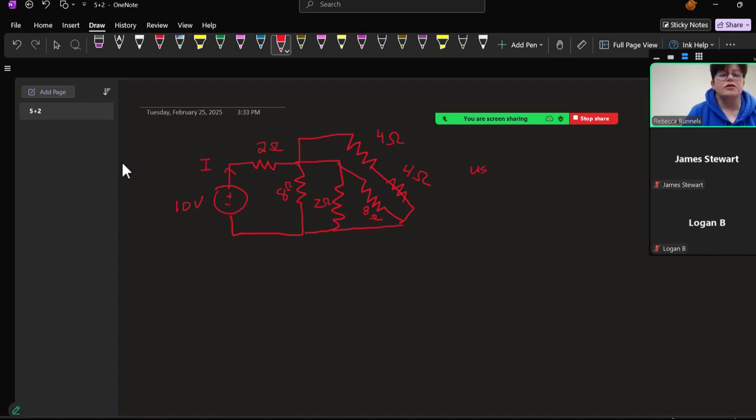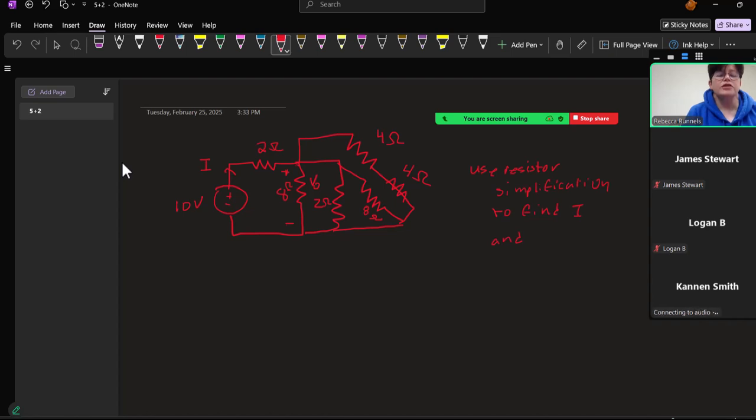All right. So let's use resistor simplification to find I and V naught. V naught is the voltage across that 8 ohm resistor.